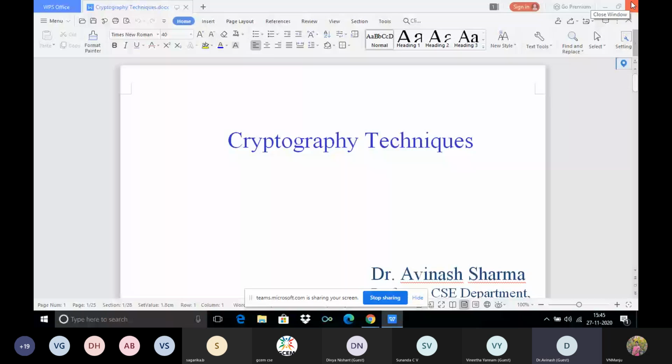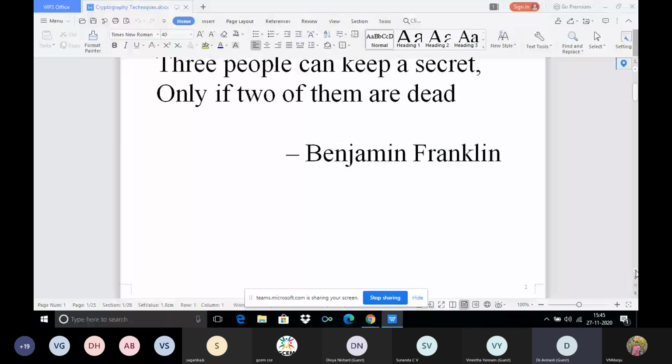Then I have told you about the cryptography techniques on which they are based, that is the symmetric and the asymmetric. Then we have discussed some of the most famous algorithms, for example the AES algorithm, the DES algorithm, the RSA algorithm.